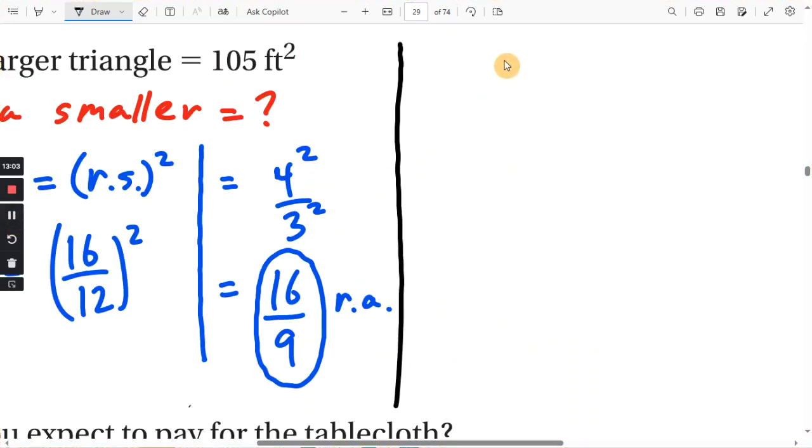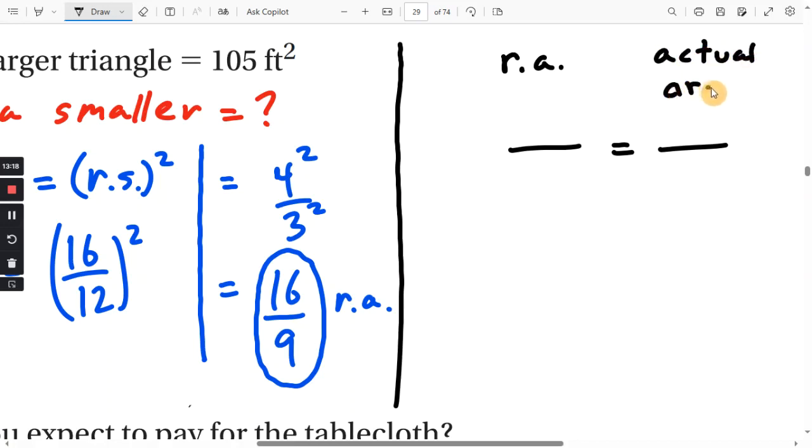All right, so first fraction is going to be the ratio of the areas, and the second fraction, that's going to be the actual area. All right, so for the ratio of the areas, we got 16 over 9.